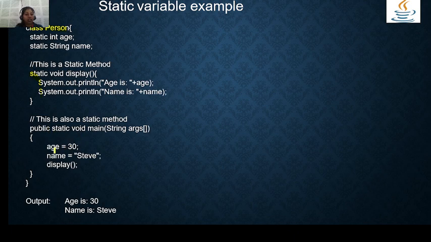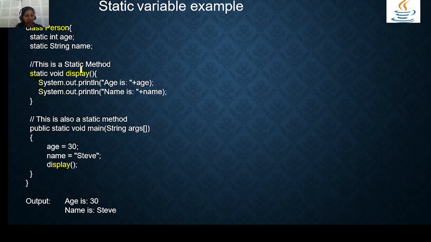Here we are initializing the static variables. Age is equal to 30, name is equal to Steve, and we are calling the display method. As we also discussed, static variables or methods can be accessed directly, with or without the object. So display is the static method, and we can call the display method directly.